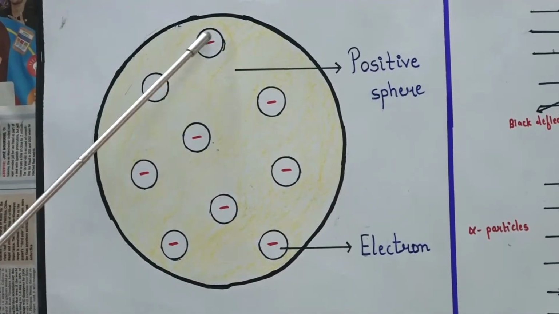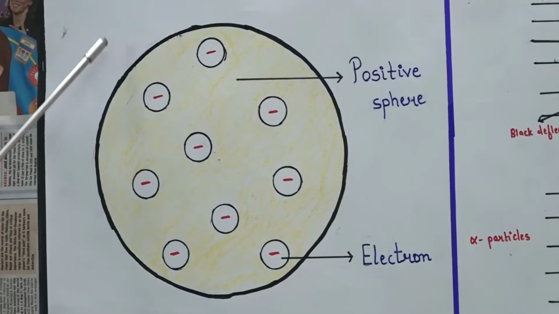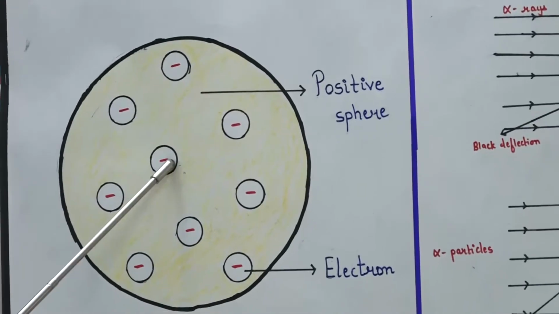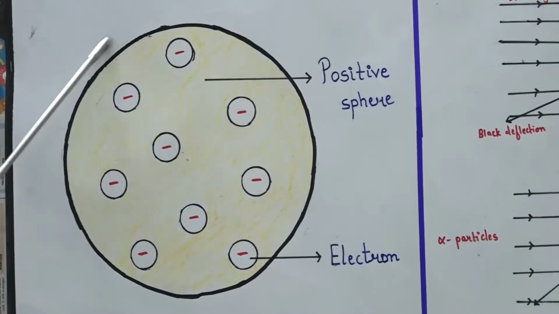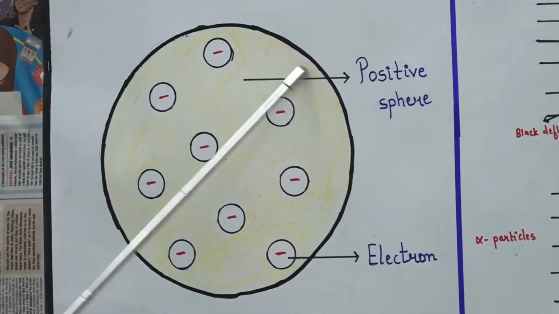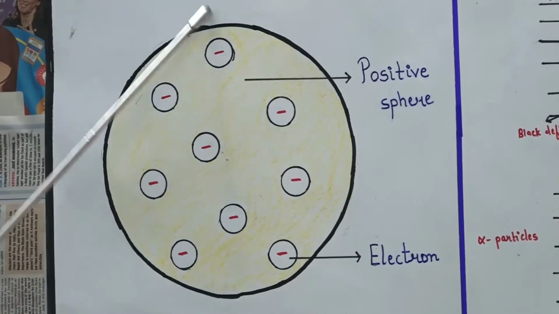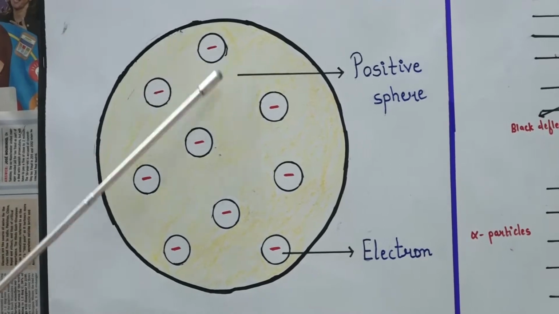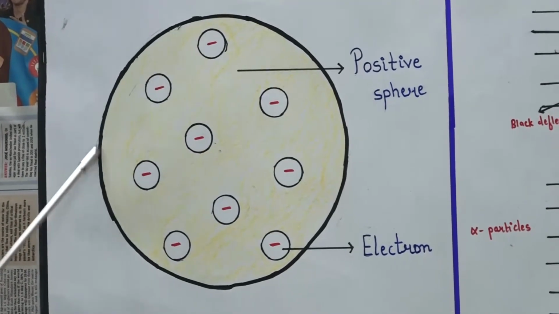When it was well established that atom contains negatively charged particles and positively charged particles within the atom, the question arises how these negative and positive charges are distributed within the atom.